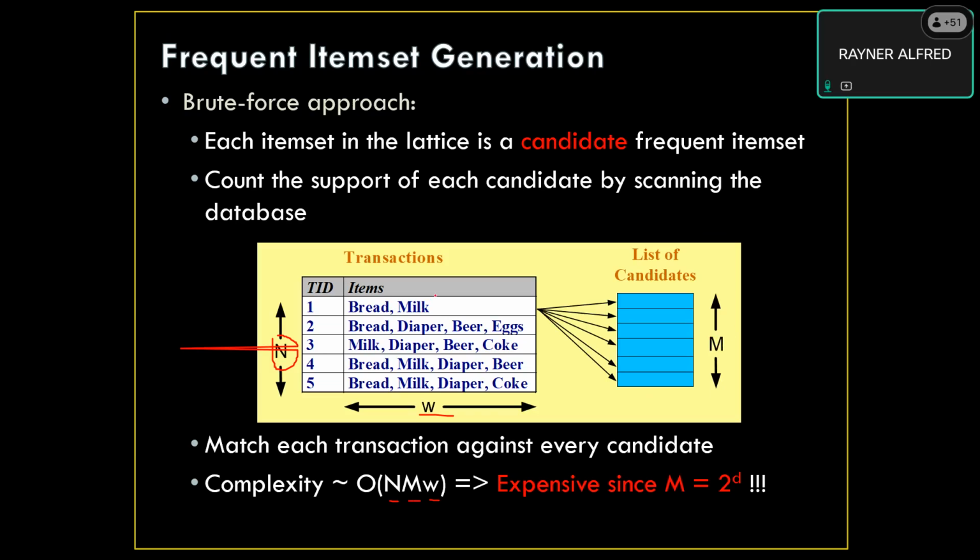For example, if it is 2 here, the list of candidates is 4, and this is 16. So we have to add all these numbers of candidates, and so on. So this is very expensive.